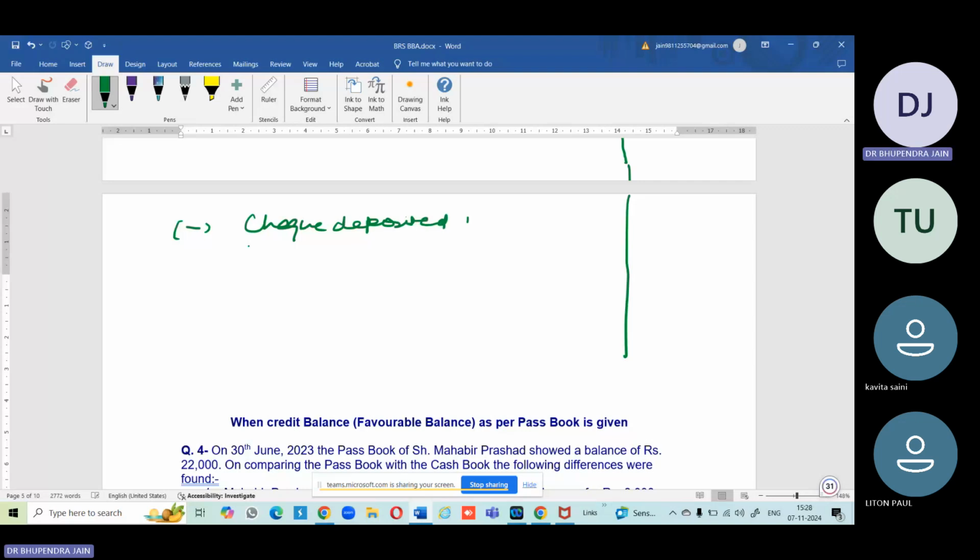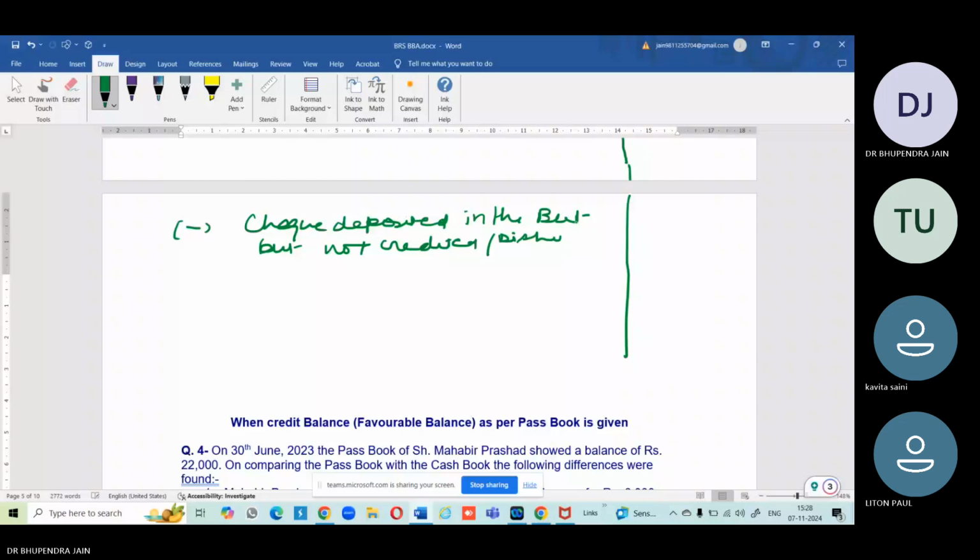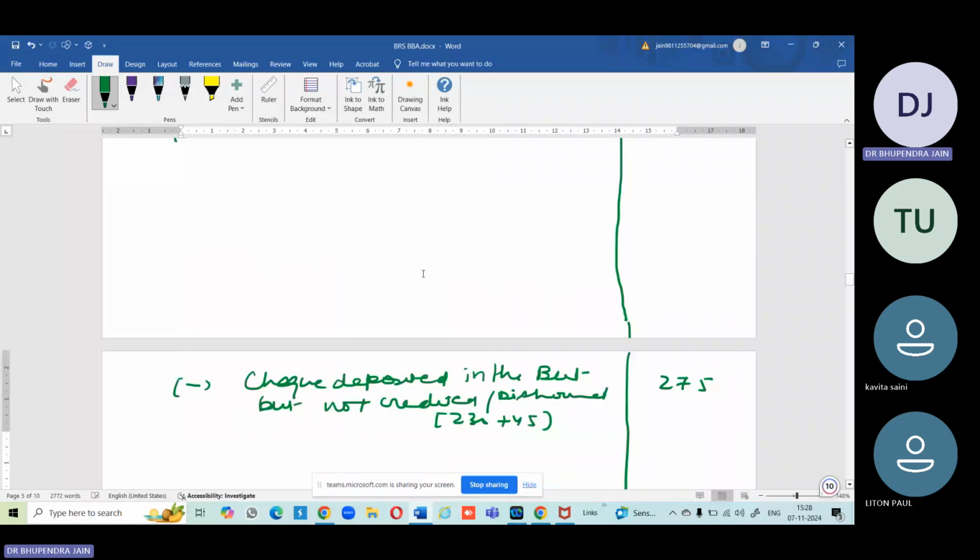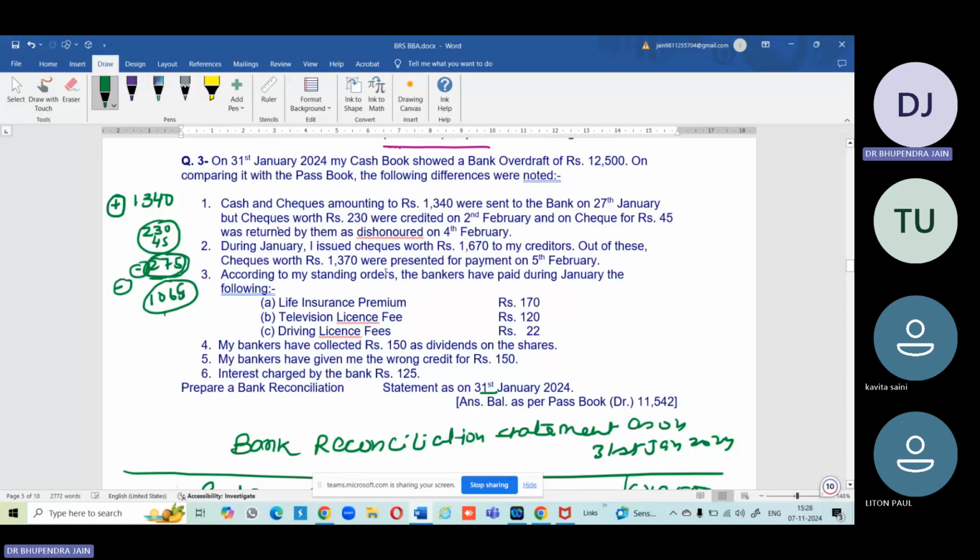Check deposited into the bank but not credited. And beta, one check became what? Dishonored. Total how much? 275. How to calculate 275? This is 230 plus 45. Cash and check amounted to 1340 were sent to the bank on 27th of January, and we are preparing the statement on 31st of January.